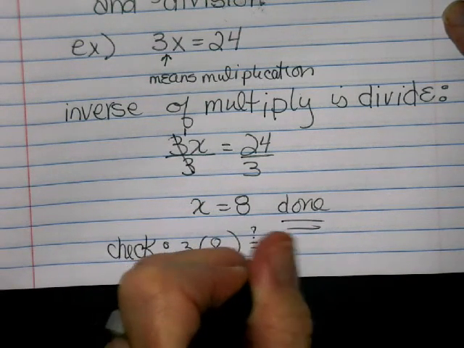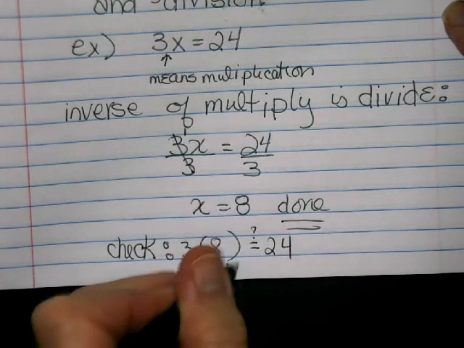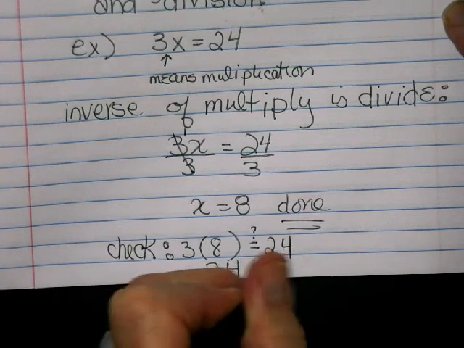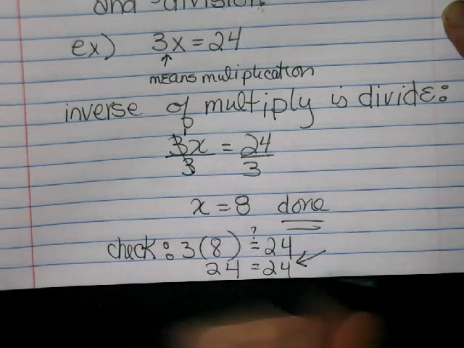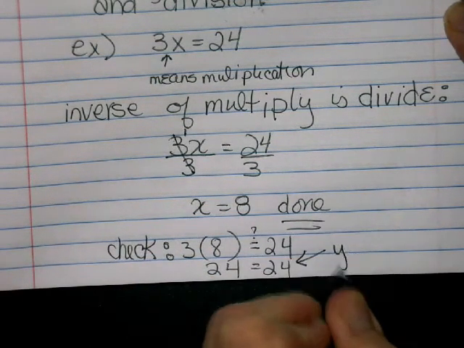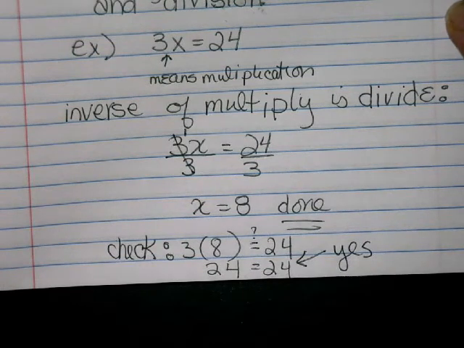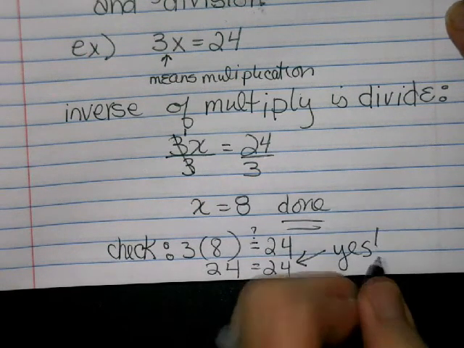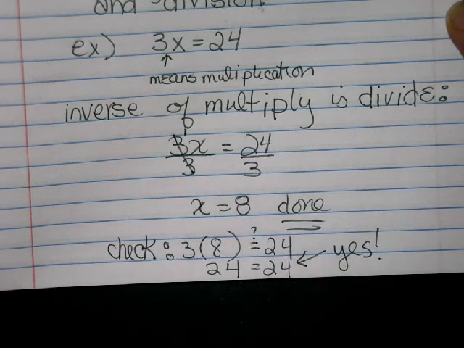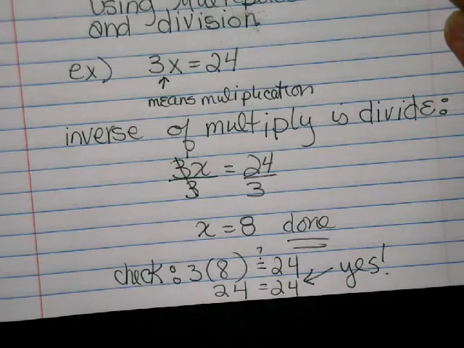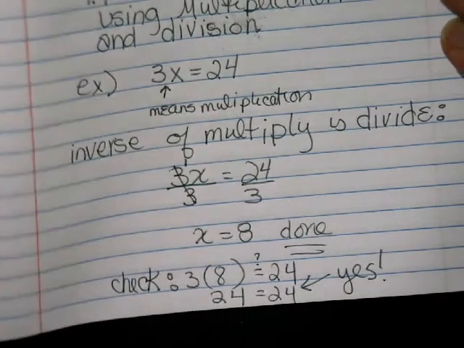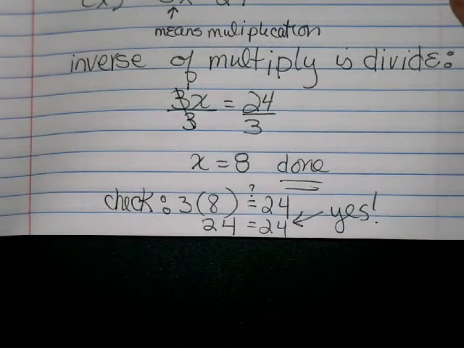Does that equal 24? Yes. Okay, I know I'm right. Do you guys ever do that in your head? Yes. Good for you. You might not do it on paper, but if you do some mental math, you're going to be a winner on the homework and on the test, if you can check your work.